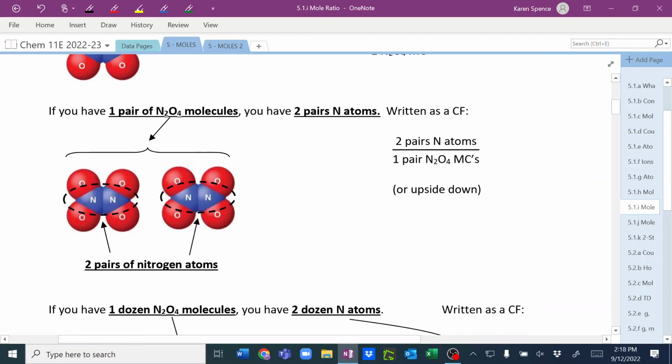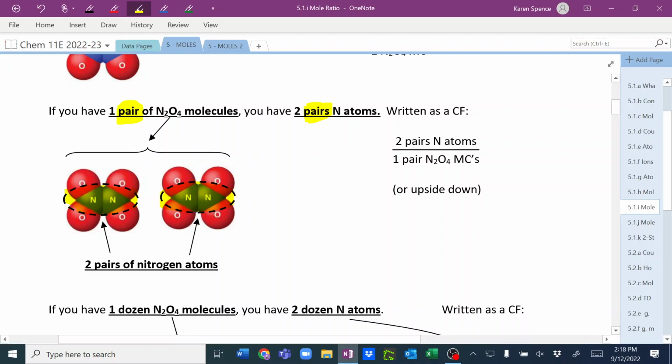Now instead of having one molecule, I have one pair of molecules. Yes? Which means that I have two pairs of N atoms. But do you see how the ratio is still the same? It is still a 2-to-1 ratio. I have one pair on one molecule and one pair on the other molecule.